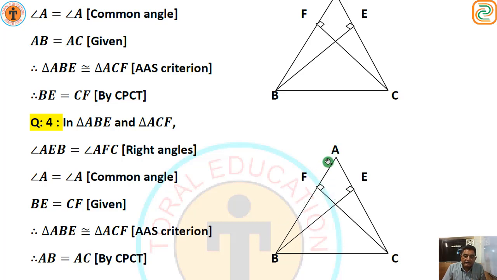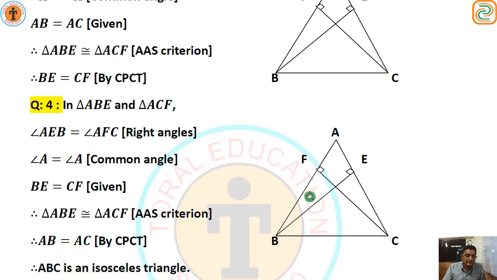Therefore, AB equals AC by CPCT, corresponding parts of congruent triangles. We have proved two things here: triangle ABE is congruent to triangle ACF, and AB equals AC. Question number 5.